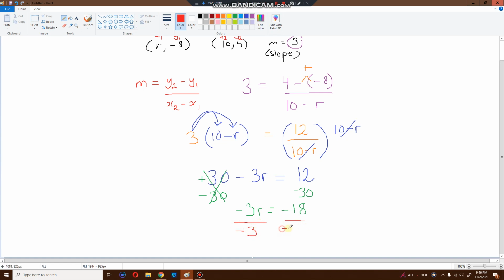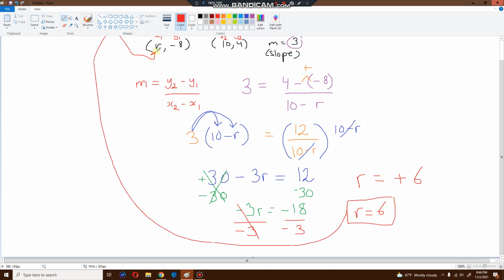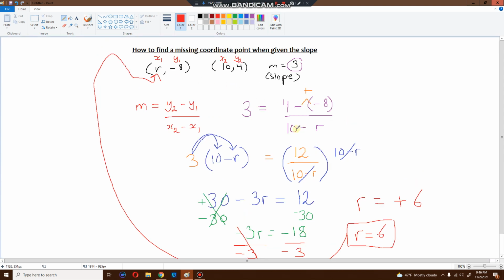Minus 3 cancels, and now r is free, and minus becomes positive, and 18 divided by 3 is 6. And there we go. The missing coordinate point r is 6. And that is how you find the missing coordinate point when you're given a slope.